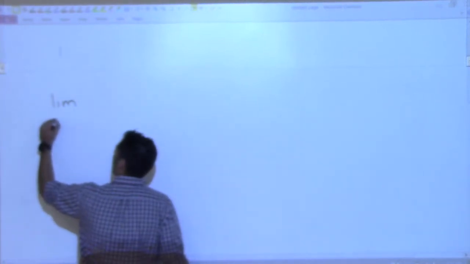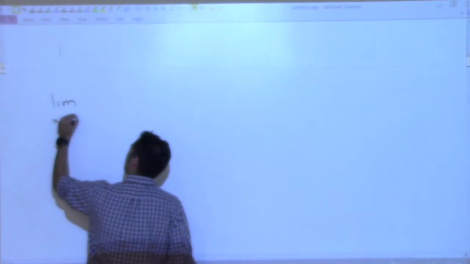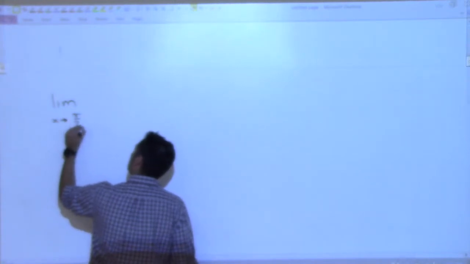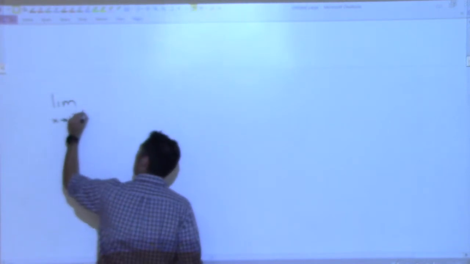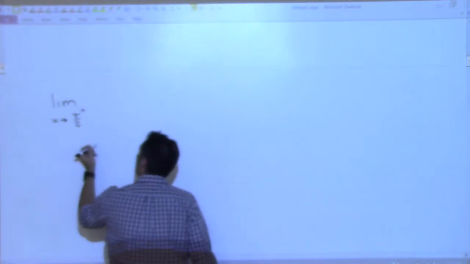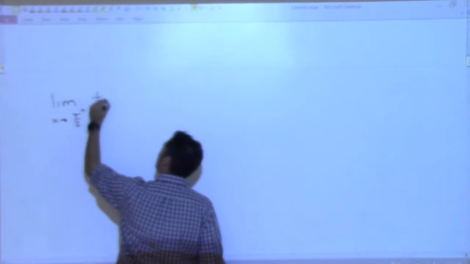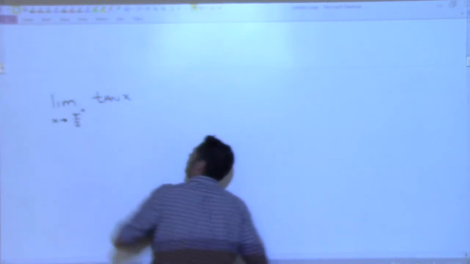Limit as x approaches pi over 2 from the right-hand side of tangent of x.